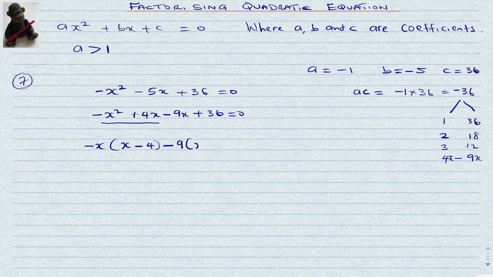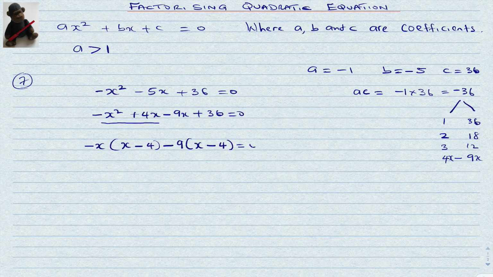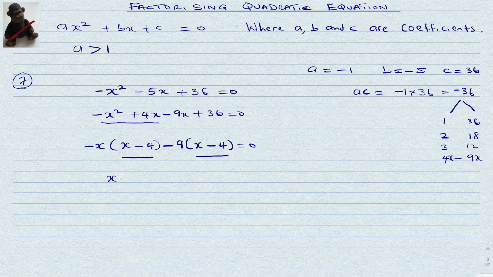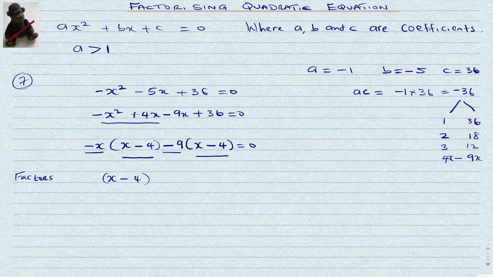So I get x minus 4 equal to 0. So our common factor is x minus 4. So x minus 4 is one of the factors, and minus x minus 9 is another factor.